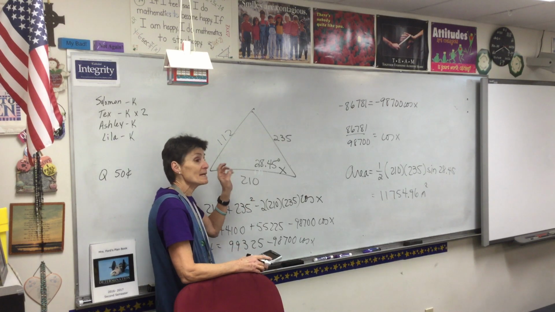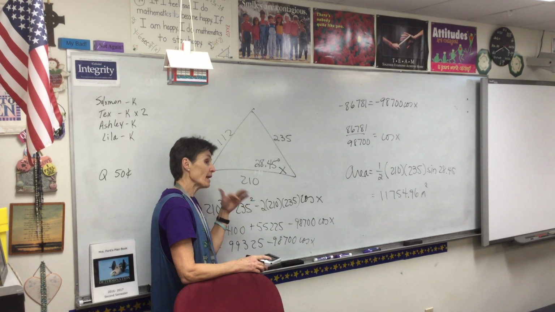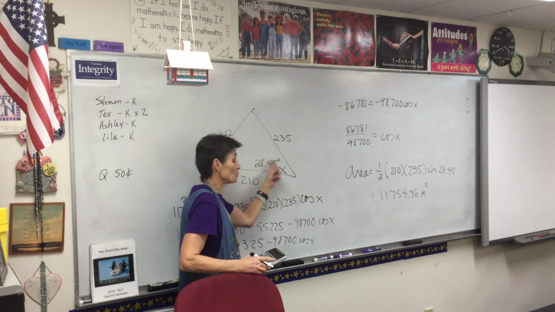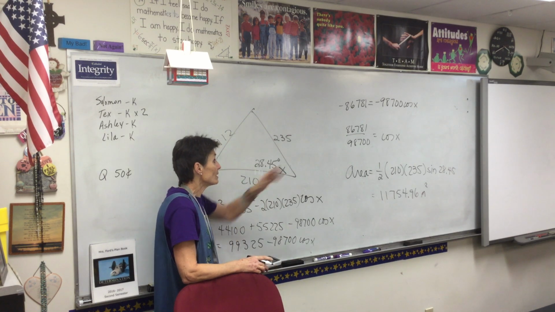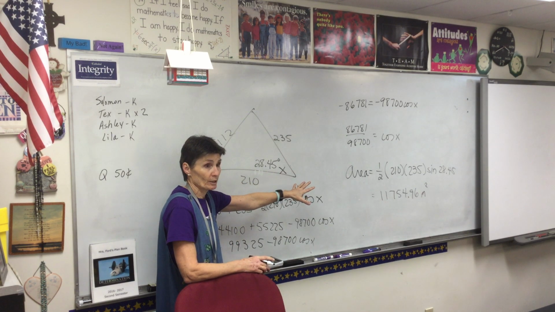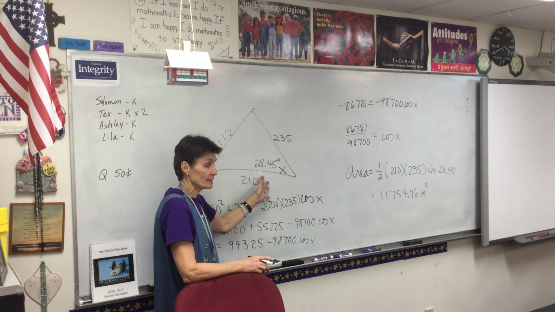Now, what would be another option you would have to find the area if you chose? Heron's formula. And that actually would be more exact because you wouldn't be using any rounded off numbers. Either one is fine with me. You just got to make sure you're showing me your work. Okay? All right, so let's say you did 1/2 side, side, sine like we did here.